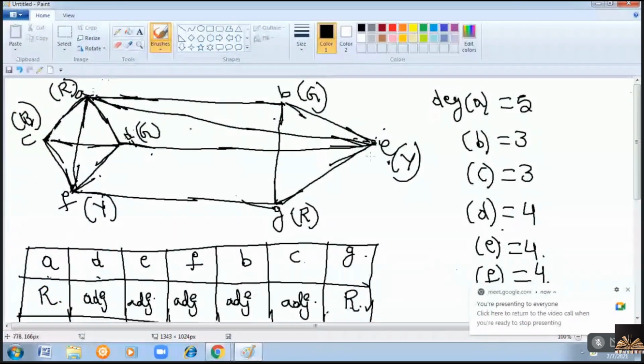Take down. If you are finished with this, we'll start the planar graph concept.